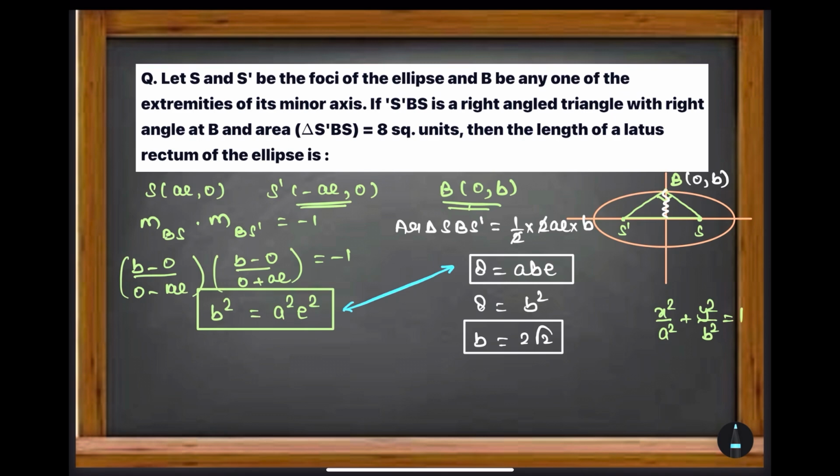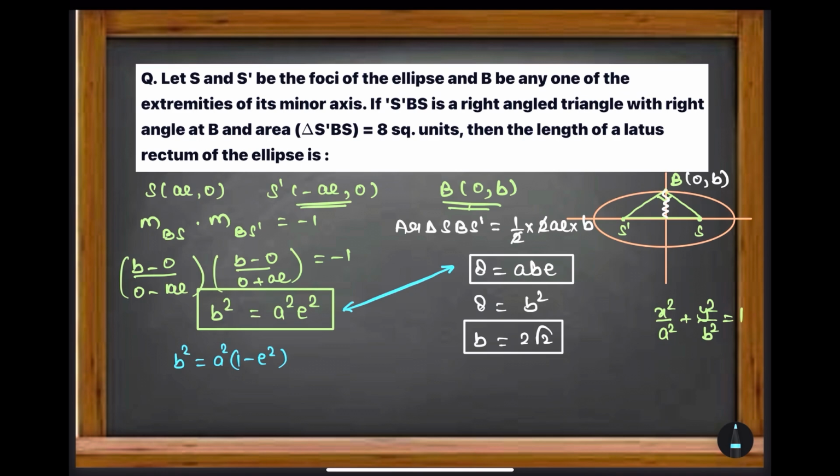Rather we have to take help of the relationship between a, b and e. In this case it is a horizontal ellipse, so we write 1 minus e square always, and then who is bigger? It is horizontal, so a is bigger. So b square equals a square into 1 minus e square.